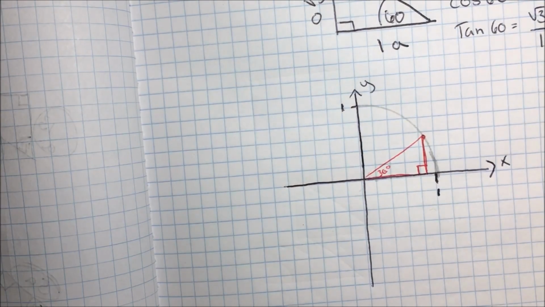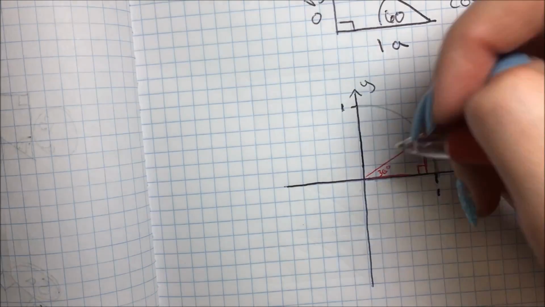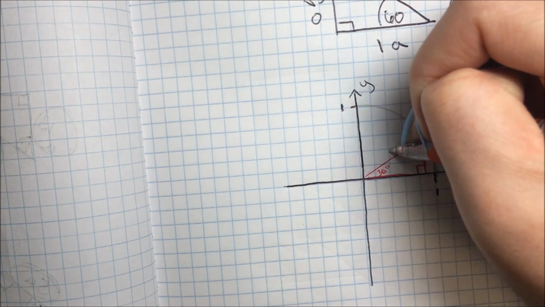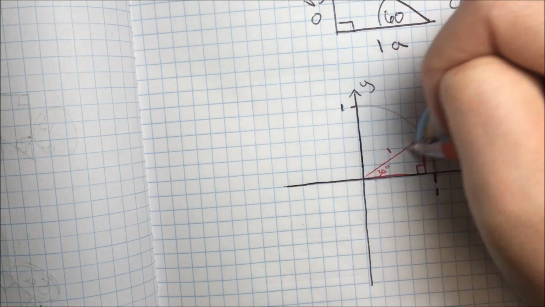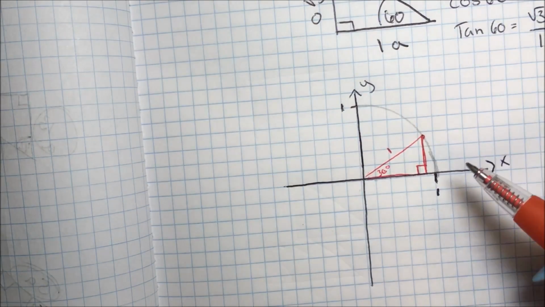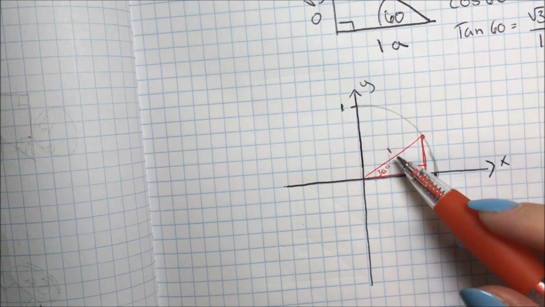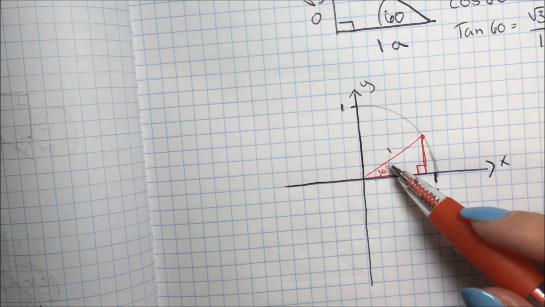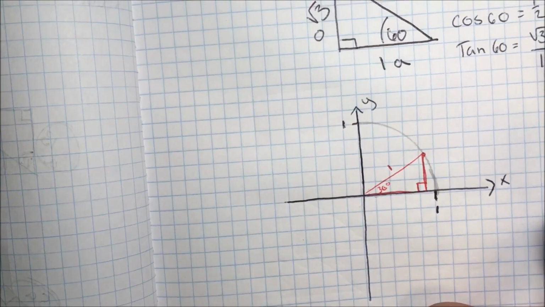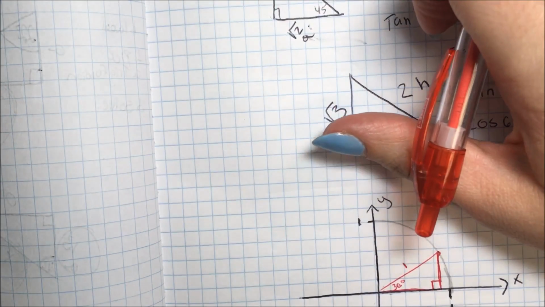Okay? So I know that the hypotenuse of this right triangle is 1 because it's on this circle. The hypotenuse ends on that circle. So if this hypotenuse is 1, the sine of 30 degrees, remember, is 1 over 2.